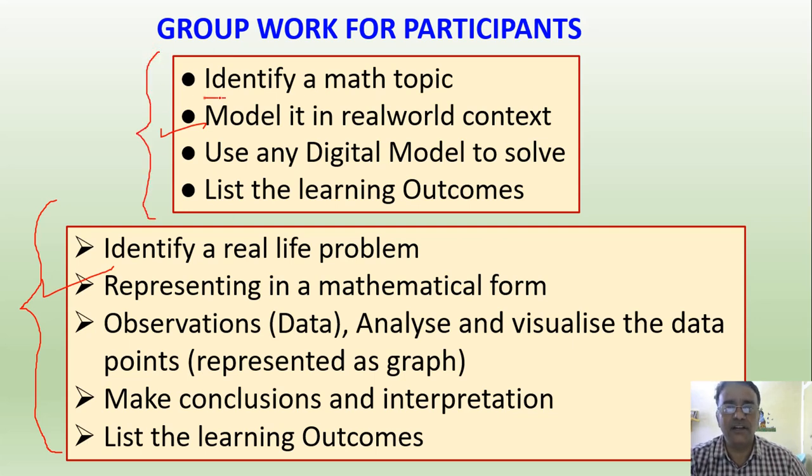You have to identify a math topic, then model it in a real world context, use any digital model to solve, then list the learning outcomes. So this is the group work for all the participants, one best individual work, and another, this you have to make only one, not more than one.